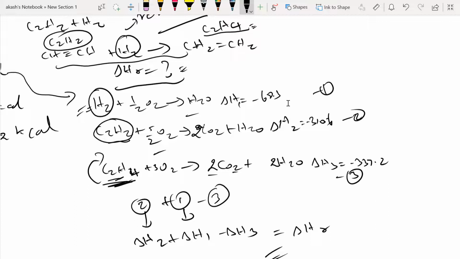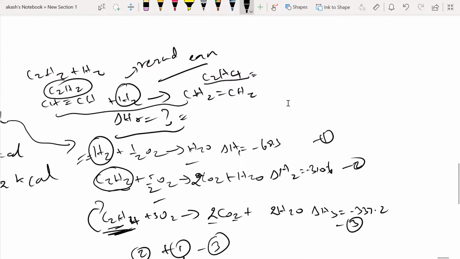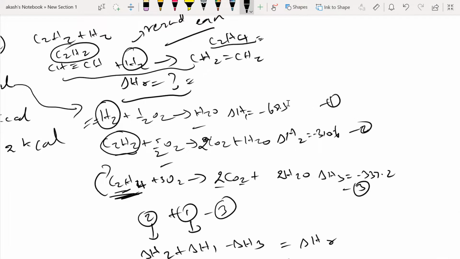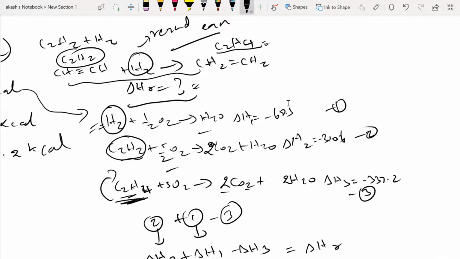Yeah, if they had given the heat of combustion of H2, you could have done this, because you can relate the enthalpy of reaction to the total enthalpy of combustion of reactants minus total enthalpy of combustion of products. So if they have given enthalpy of combustion, then you could have done this problem easily. Anyway, this is the only way we can do it now.